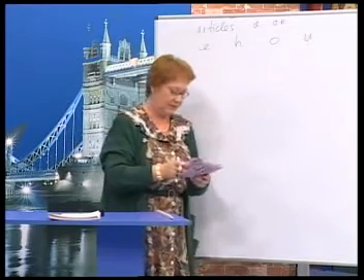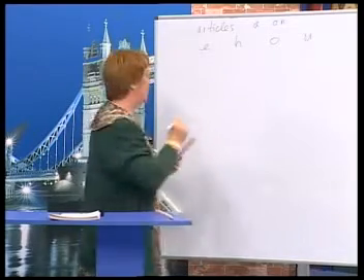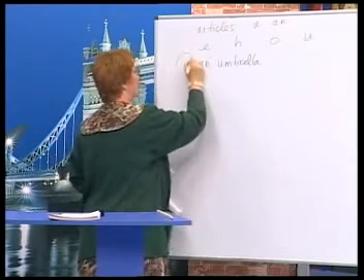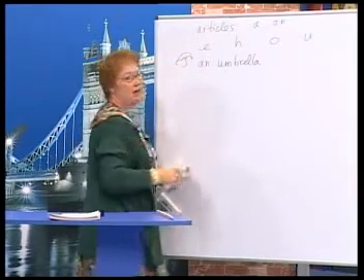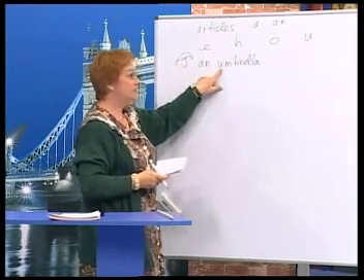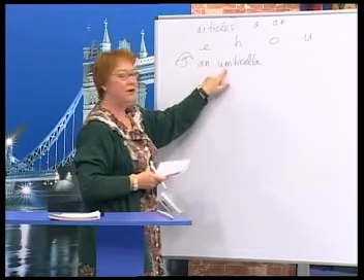Now let me show you some examples. Here's one: an umbrella. We haven't seen umbrella before. Okay? It starts with U. It's a vowel sound. An umbrella.